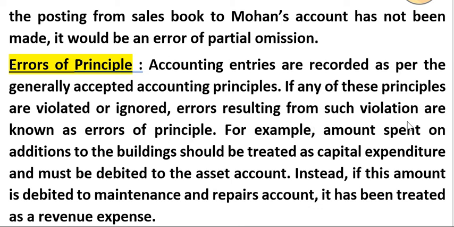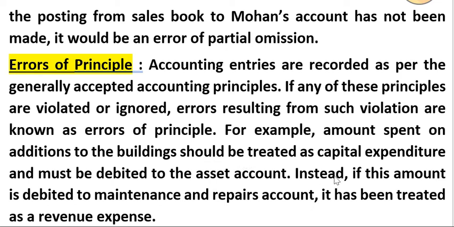For example, amount spent on addition to the building should be treated as capital expenditure. Like we are spending money on additions of building, so it must be debited to asset account because building is an asset. But what we have done here, we have debited to maintenance or repairs account. So this is the mistake we have committed. So this is called error of principle.